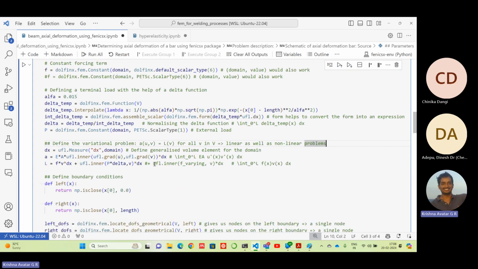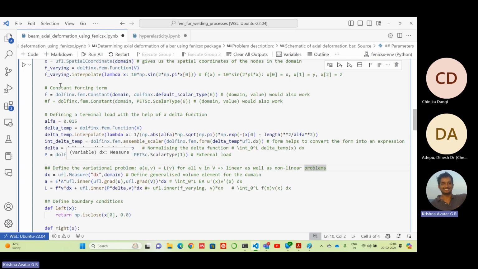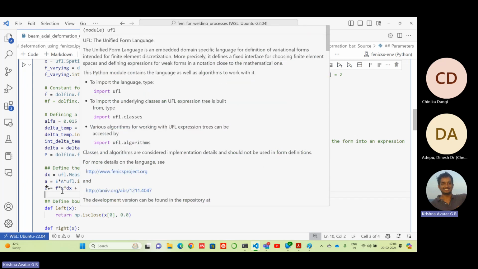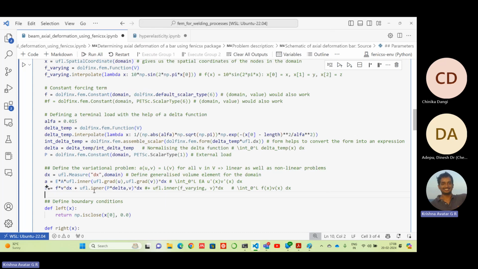Now the interesting part comes for the right-hand side, because the right-hand side is the tougher one here. So L is equal to F into V into dx. Here F is our constant forcing function, which has a value of 6 throughout the domain. And then we have UFL dot inner.